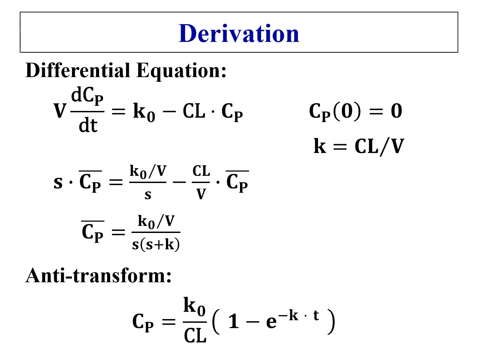This derivation has a special Laplace transform for a constant, K0. The constant is basically the constant divided by s. And then the disposition part of it is the one we've seen before for a mono-exponential. This directly gives us the anti-transform at the bottom of the slide.